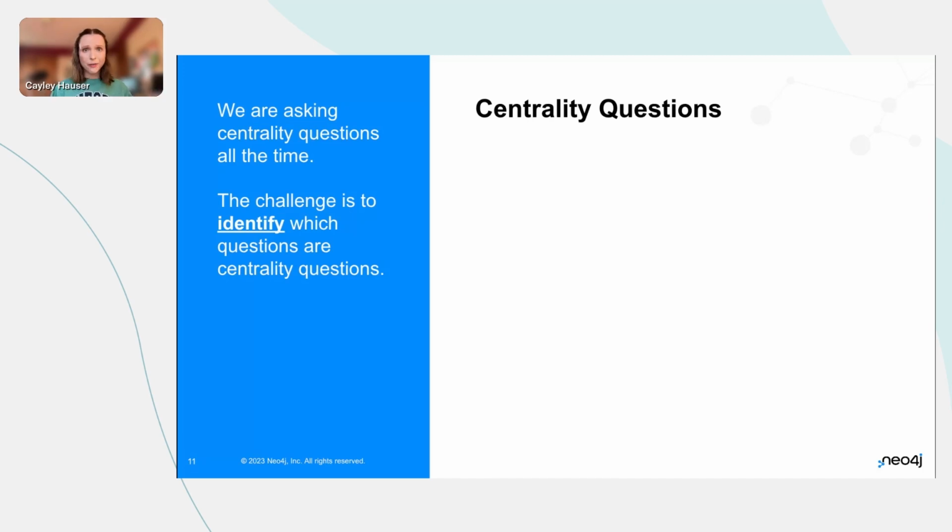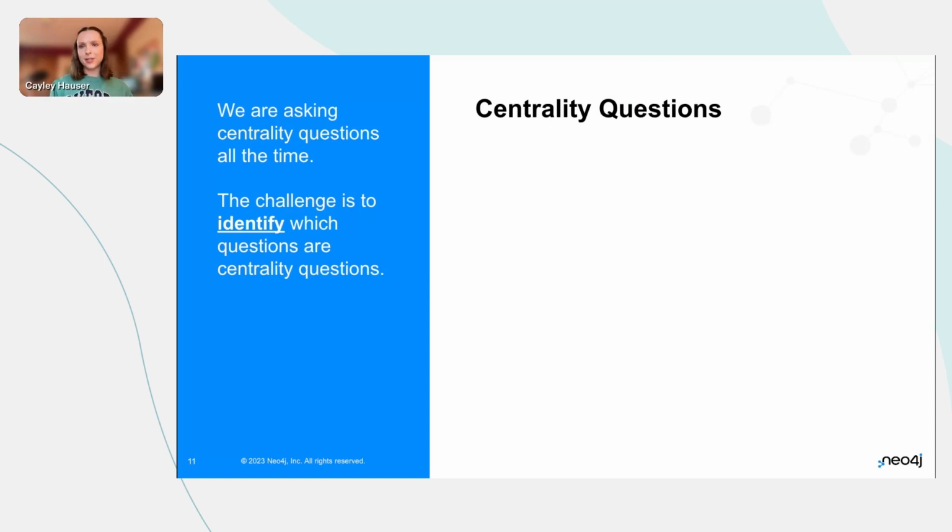If you have a graph, or if your data is connected like a graph, as almost everyone's is, then we have centrality questions that we can apply to this graphical data to get answers on what's the most important part of our graph. The challenge can be identifying what kinds of questions are these centrality or importance questions.